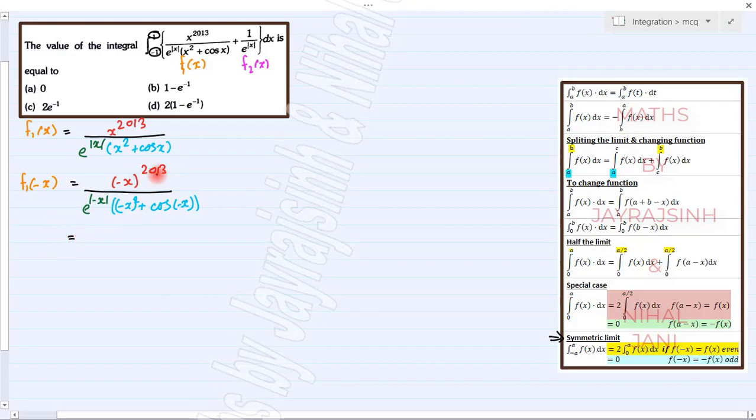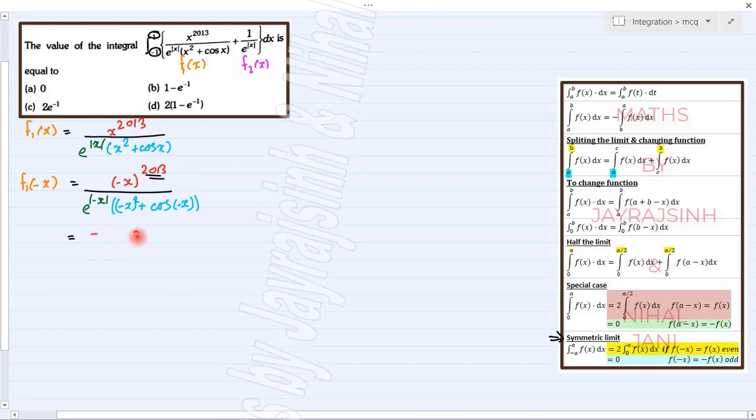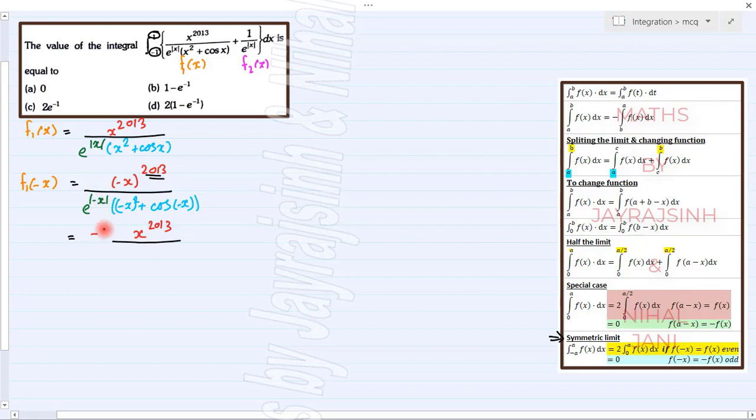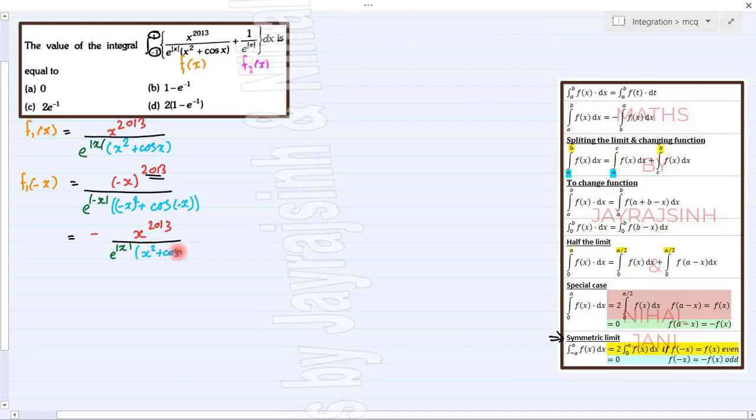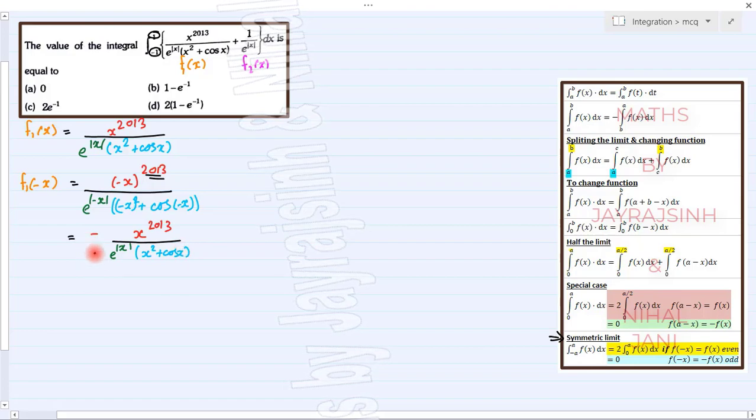2013 is an odd number, so here we'll get minus x raised to 2013. In the denominator, due to mod, we will get e raised to mod x, and x square and cos x both are even functions, so we will get x square plus cos x, right?